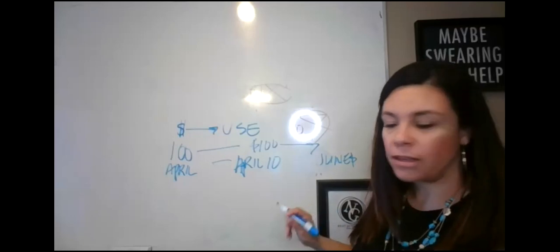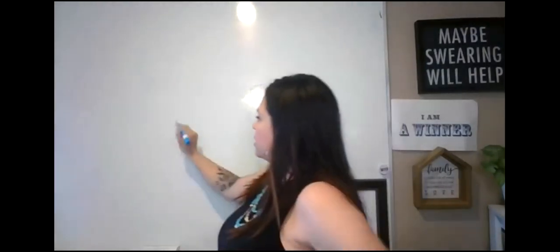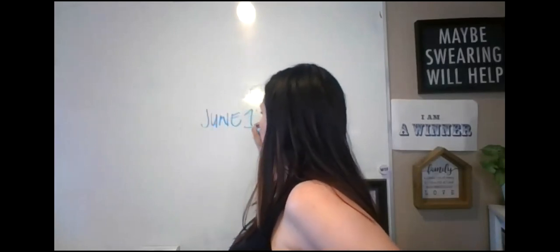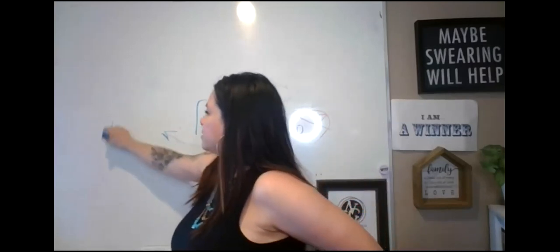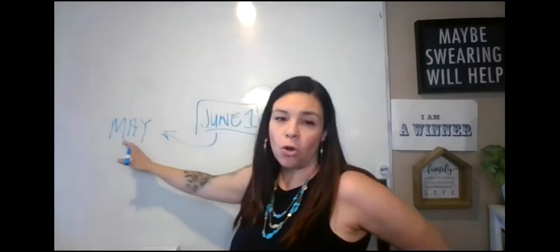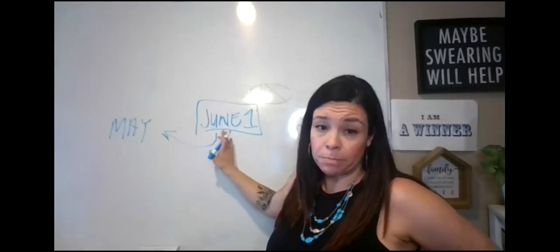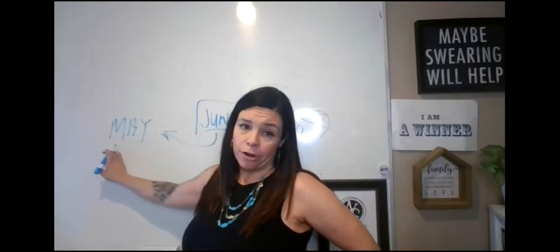Now, mortgage interest has to be earned before it can be collected, which means when you make a payment June 1, this payment is for the month behind. This is actually for May, because all the days of May passed and the June 1st payment is the collection of all the days of interest that were earned for May.